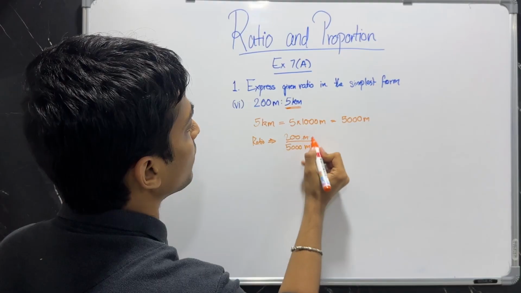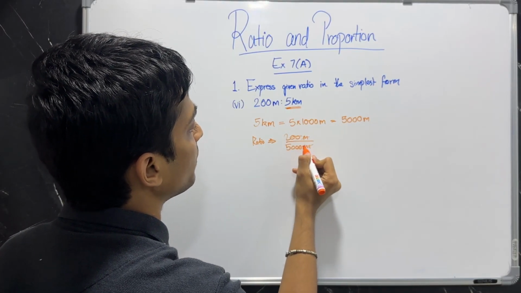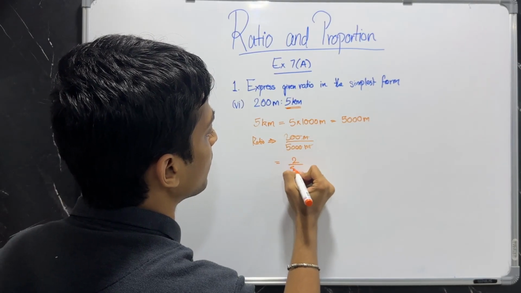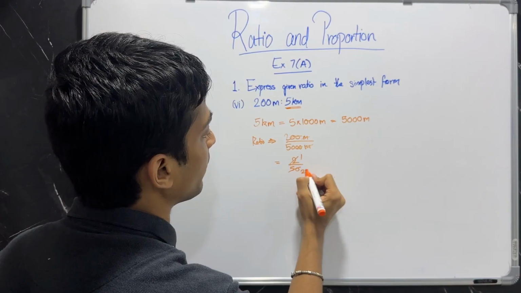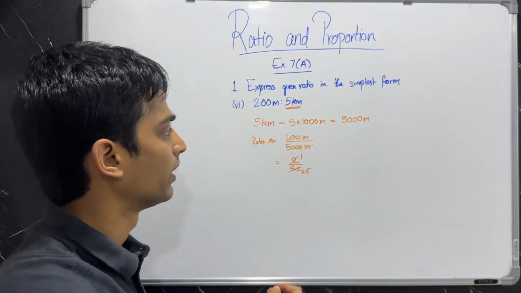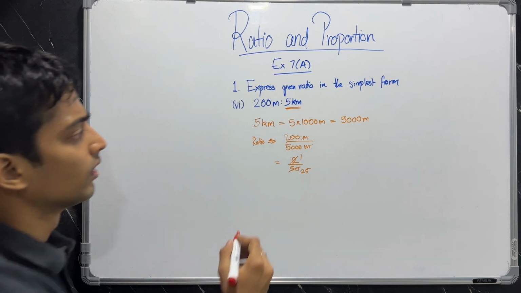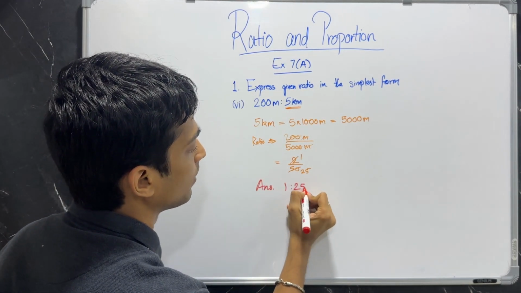Now we cancel the units, so there are no units, and we cancel 2 zeros and 2 zeros from here. So we get 2 upon 50, and then we can cancel by 2, which gives 1 upon 25. So the final answer will be 1:25.